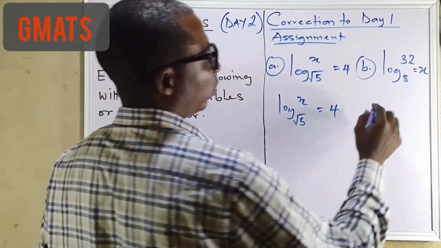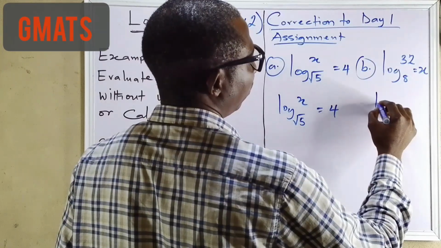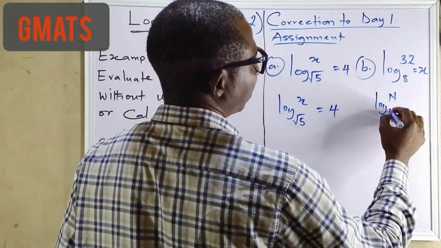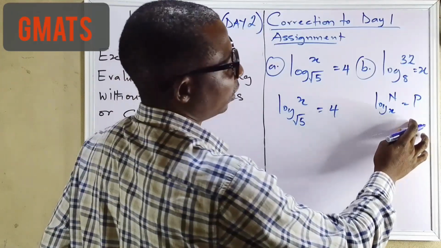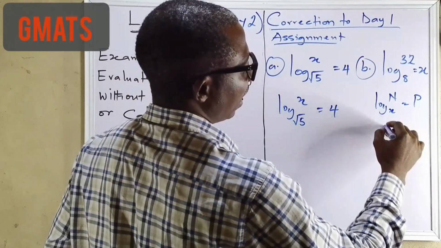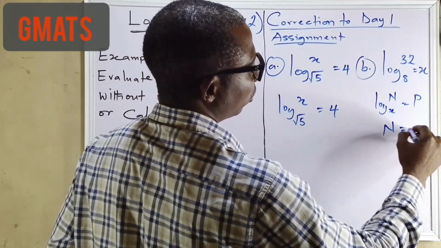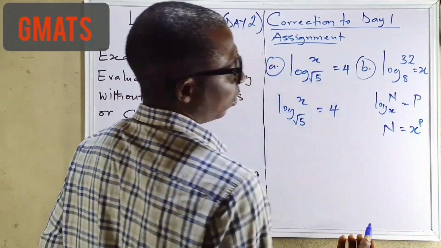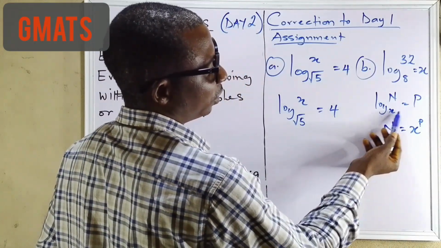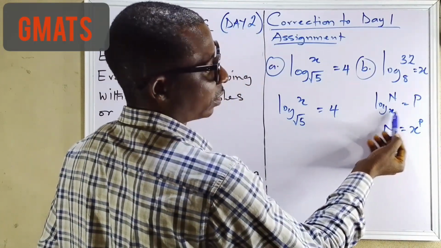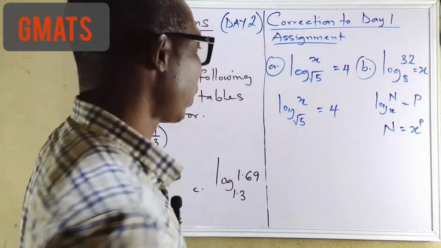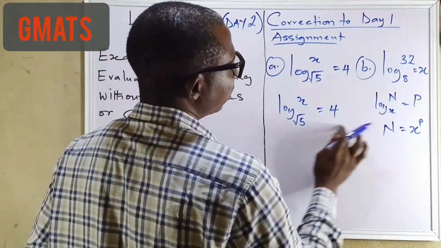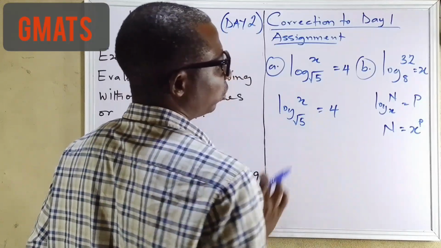The last time we said when you have log of n base x equals p, it is going to give you n equals x raised to the power of p. All you need to do is move this x, which is the base, to the other side, and you take away the log. So we are changing this logarithmic equation to an index equation.